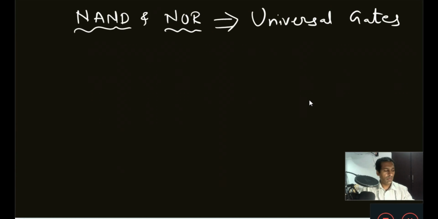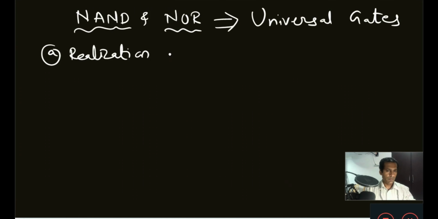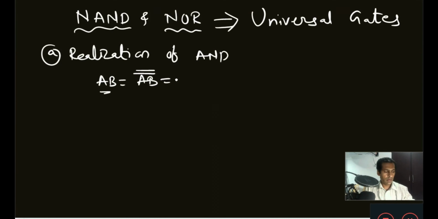So we can realize various gates using NAND and NOR gates. Suppose we realize the AND function using only NAND gates. Its formula, AB is the AND gate, so here we can use AB double bar equal to (AB bar) whole bar.